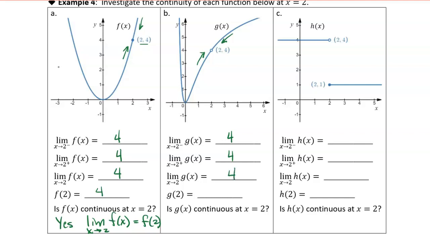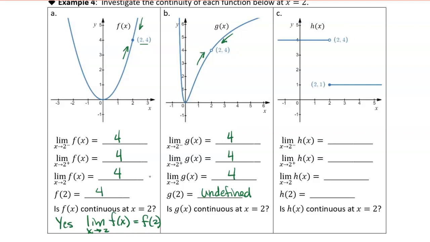Now, this is a little different because now I have an open circle at x equals 2. Even though that point is shown to be 2 comma 4, the value of the function is actually undefined at x equals 2, because that's what the open circle is indicating.